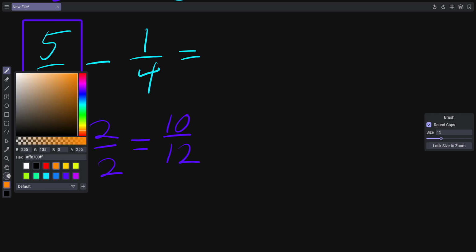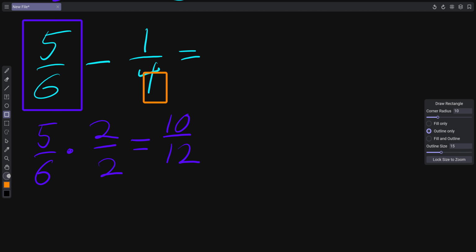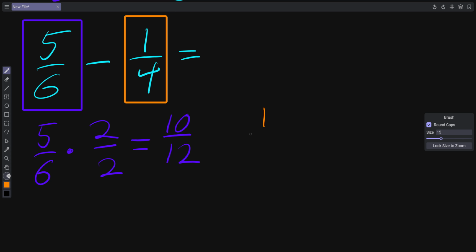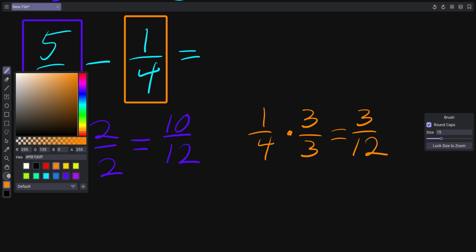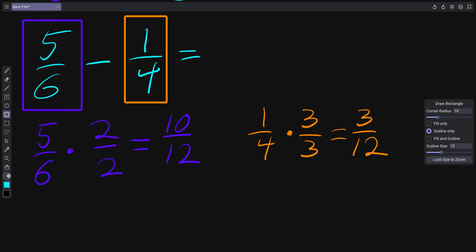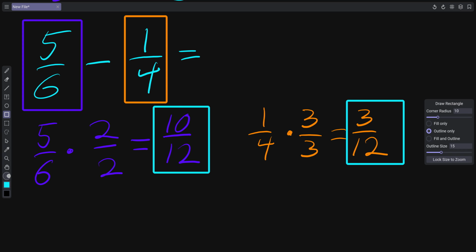Similarly, we'll take a look at 1/4, and we'll multiply this by 3/3. This would give us 3/12. Now we have the same denominators for both of these fractions, so we can combine them.